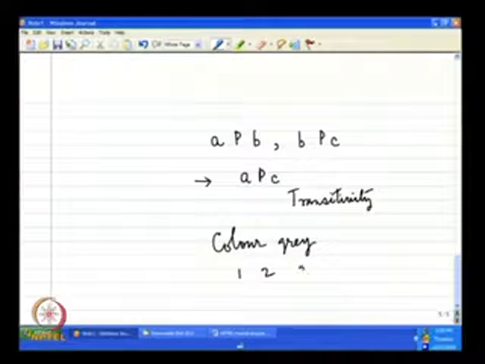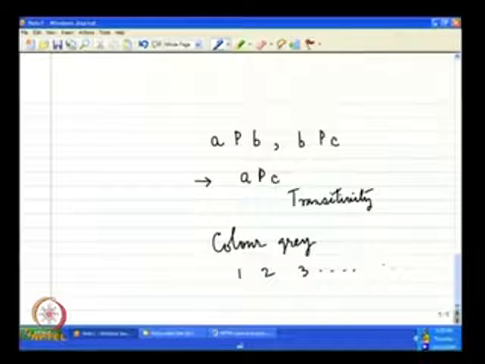Suppose there are hundreds of shades of gray, 1, 2, 3 like that. Since the shades are very similar to each other, if an individual is asked, do you like shade 1 to shade 2, he will most likely say that I am indifferent because they look almost the same to me.